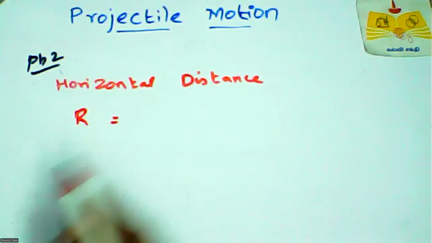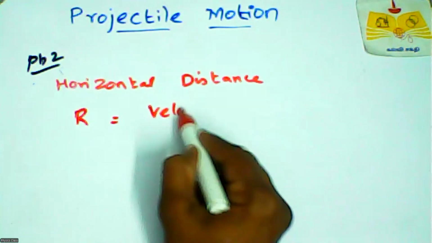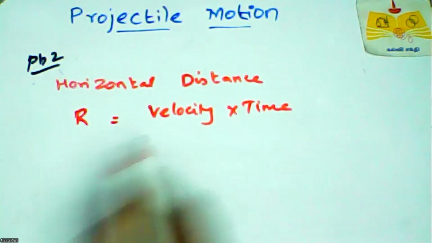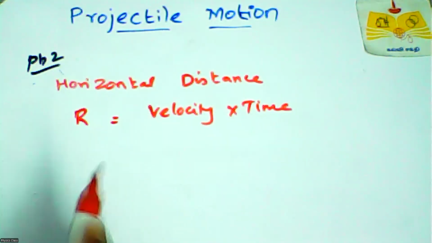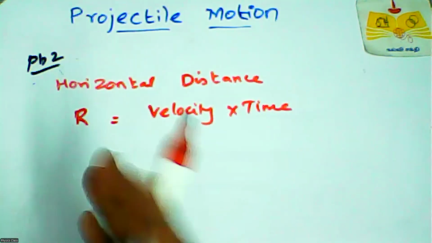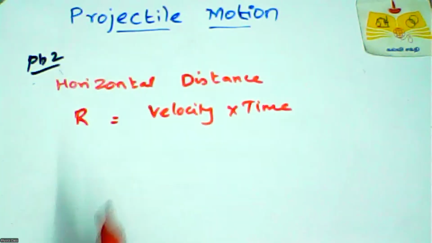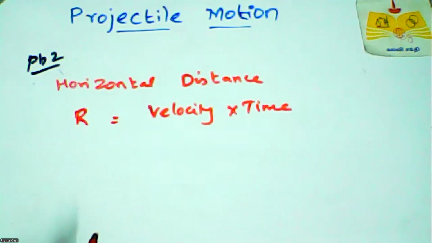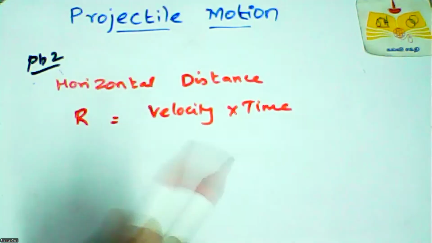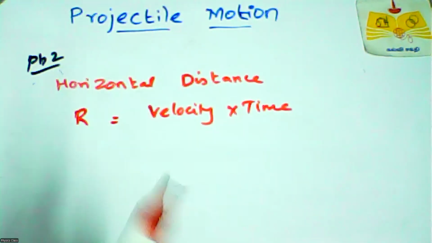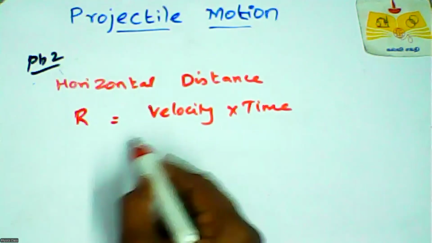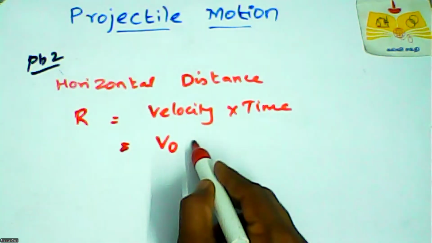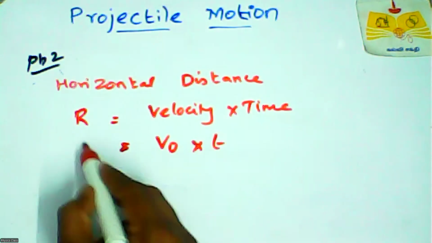Already you know that displacement equals velocity into time. The cricket ball is horizontal with a height of 2 meters and a speed of 10 meters per second, so that 10 is the initial horizontal speed. Vertical speed is 0, but horizontal speed is 10. So we put the horizontal speed here: V naught into T.